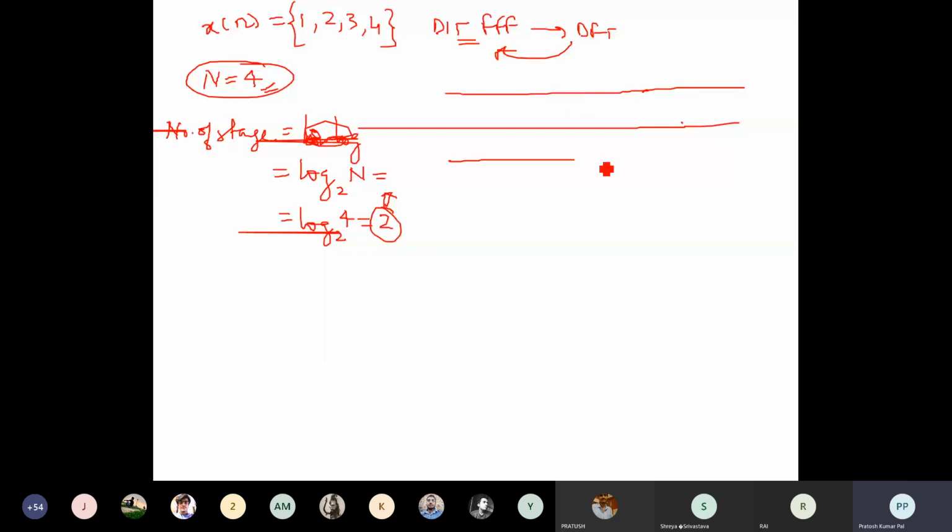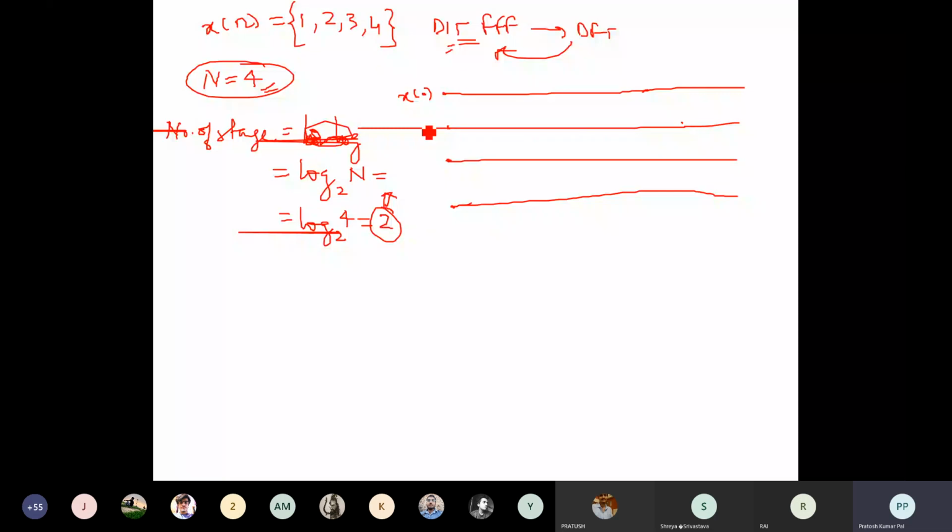Only 4 horizontal lines will be there, because at the input x0 to x3 are the samples of the input signal. But in the DIT FFT algorithm, the bit reversal is at the input, so it cannot be written as x0, x1, x2, x3.